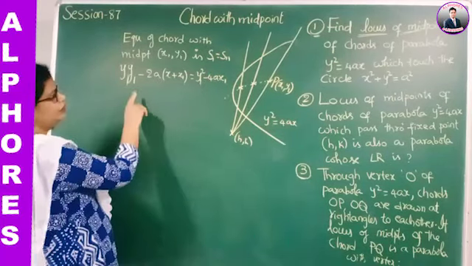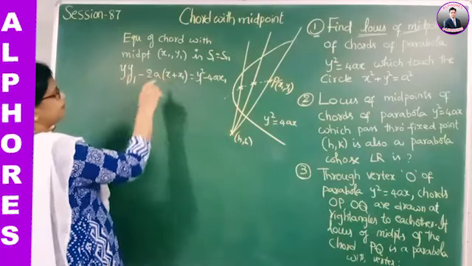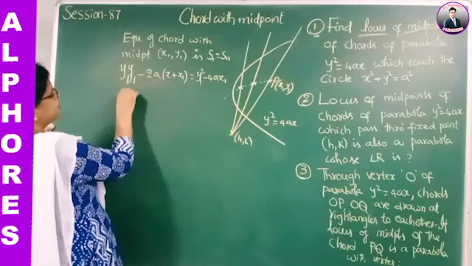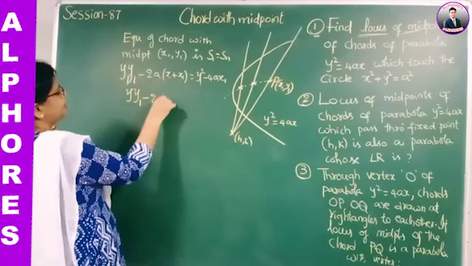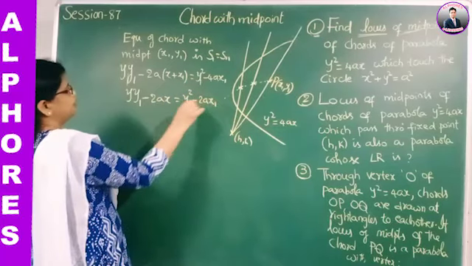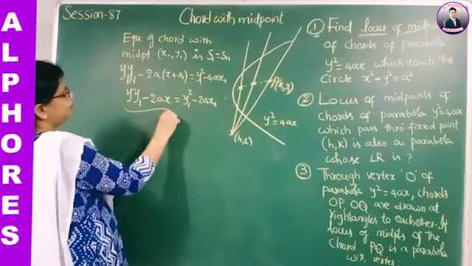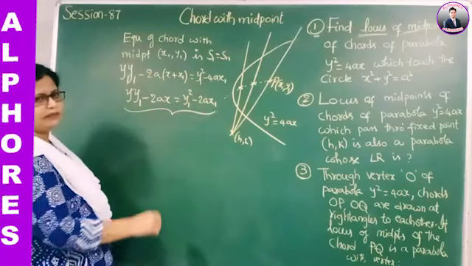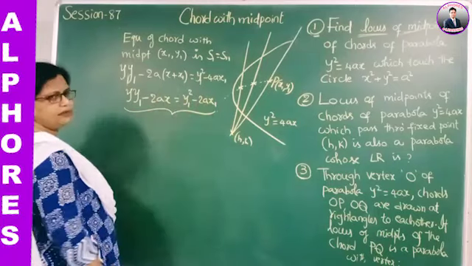And what is the requirement? These chords are passing through which point? (h, k). So instead of x and y we substitute. Before that let us do a bit of simplification: y1 y minus 2ax = y1² minus 2ax1. Every time, instead of taking the value to that side, better remember this is S1 = S11. It is easy: 2ax and 2ax1 on this side.